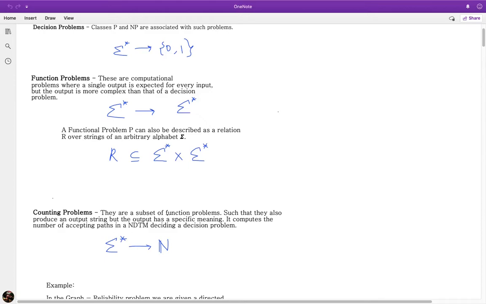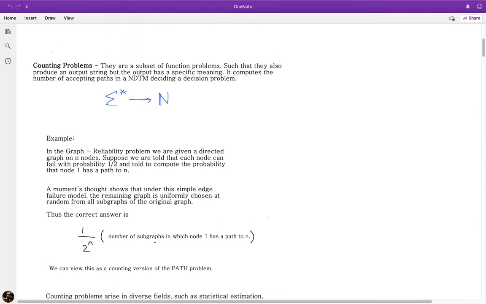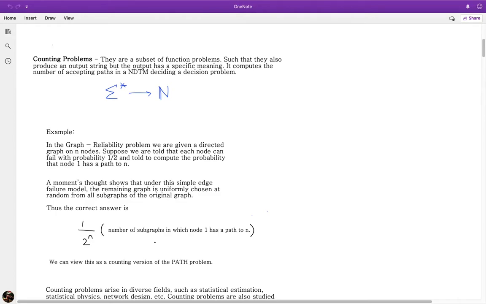These are problems where we are concerned with the number of accepting paths of the non-deterministic Turing machine which is deciding the problem. So when you input a string to a non-deterministic Turing machine, you expect it to write an output giving us the number of accepting paths for that Turing machine. We can think of many problems which are counting problems.